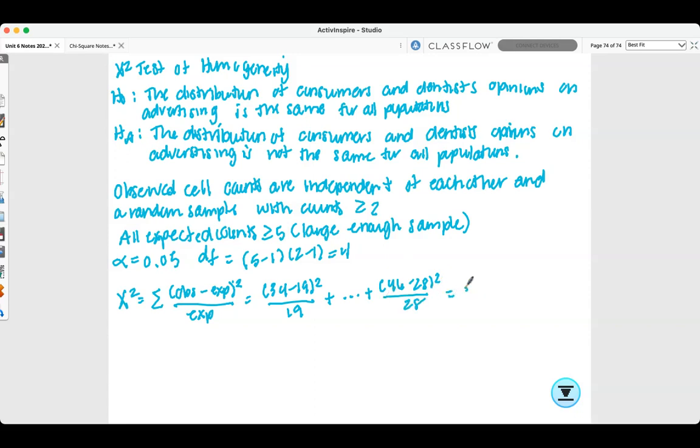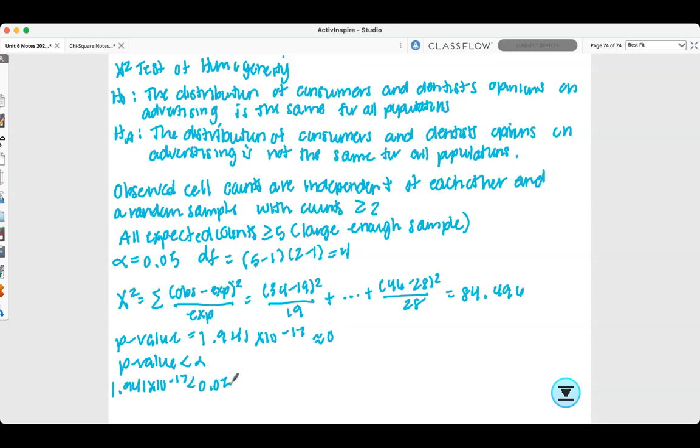Our calculator gives us this as 84.496. Our p-value was 1.941 times 10 to the negative 17, which really is about 0. So our p-value is less than our alpha level, because 1.941 times 10 to the negative 17 is less than 0.05.